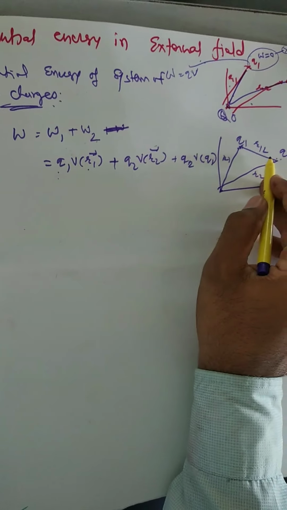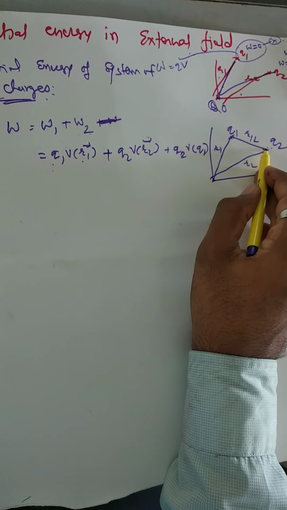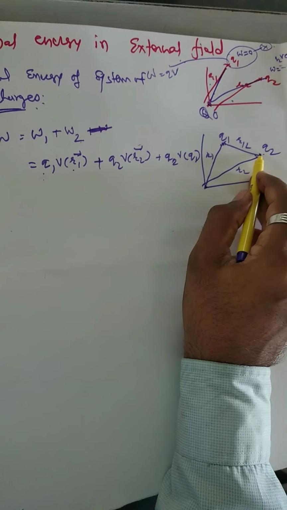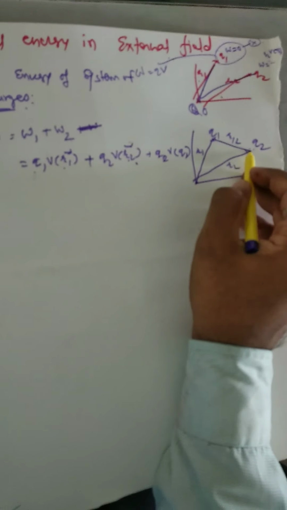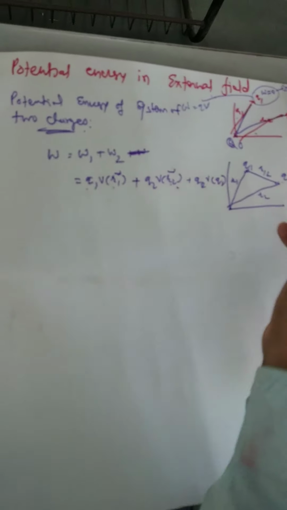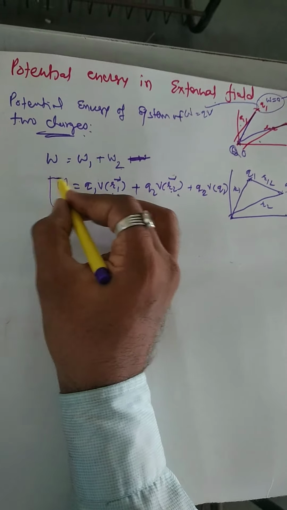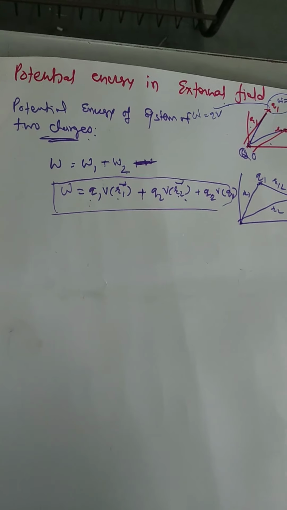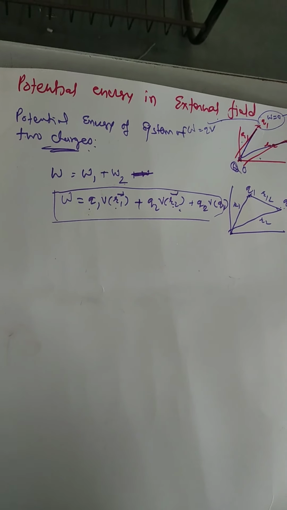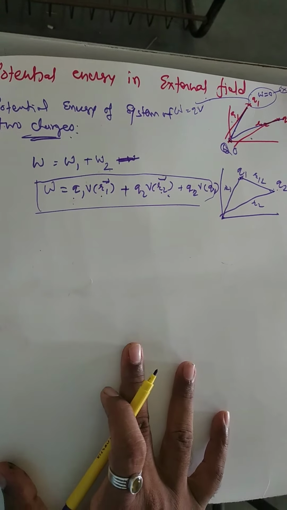In the case of w2, the work done w2 is equal to q2 into the electrostatic potential because of r2, and also q2 into the electrostatic potential because of r1. That will give you the equation for the potential energy for a system of two charges. Okay, I hope up to this it is clear and there are no doubts.